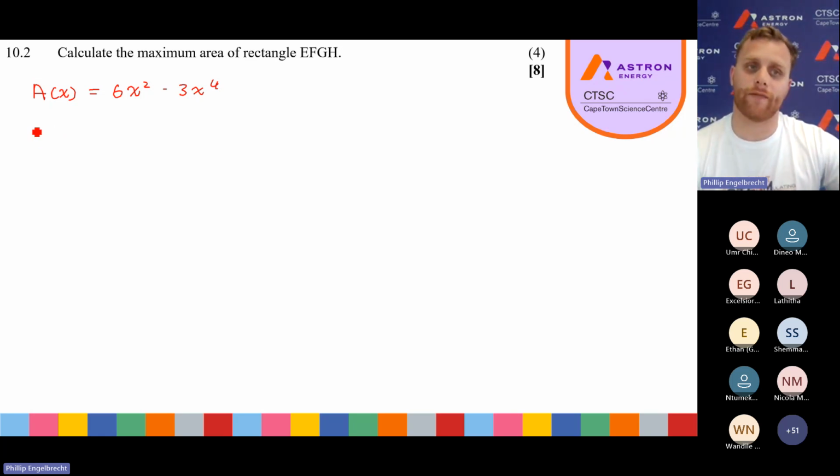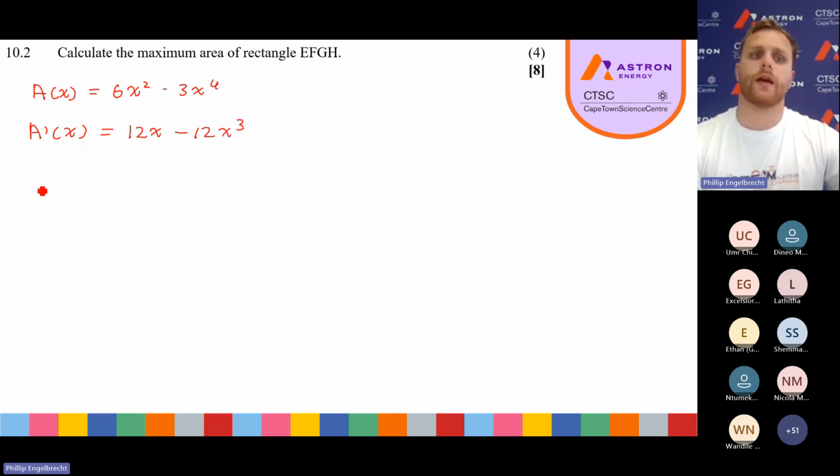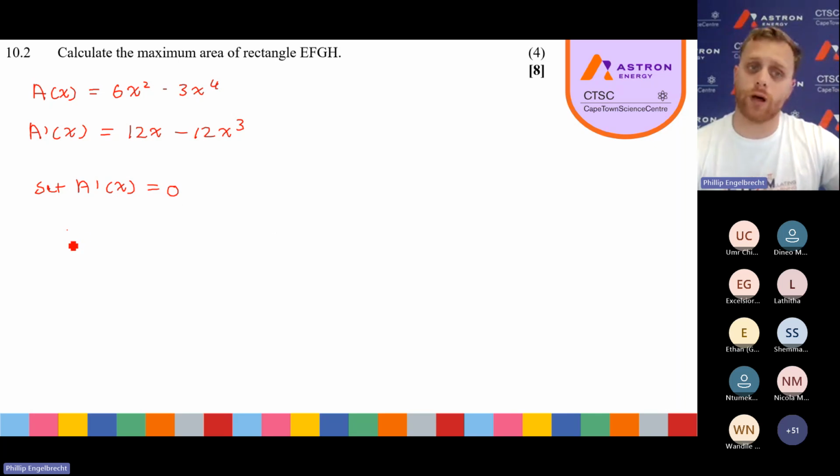So what I do is I find the first derivative, A prime of x, and that becomes 12x minus, what does this become? This becomes 12x cubed. And then you set your derivative equal to 0. Okay, so that becomes 12x minus 12x cubed is equal to 0.